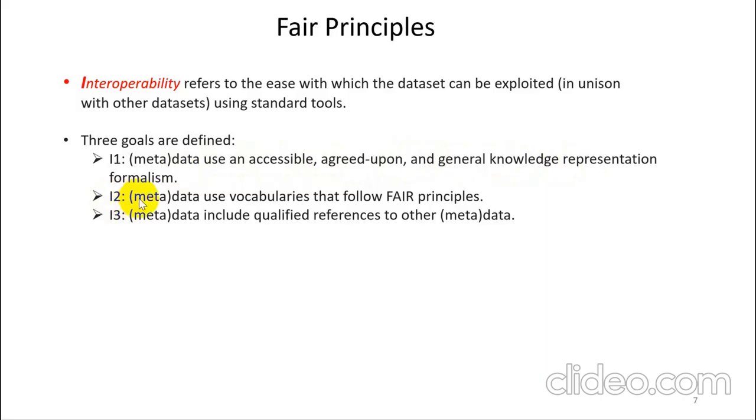The second one is that metadata and data use vocabularies that follow FAIR principles. And the last one is that metadata and data include qualified references to other metadata and data.